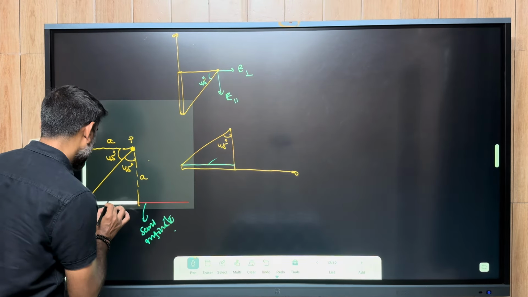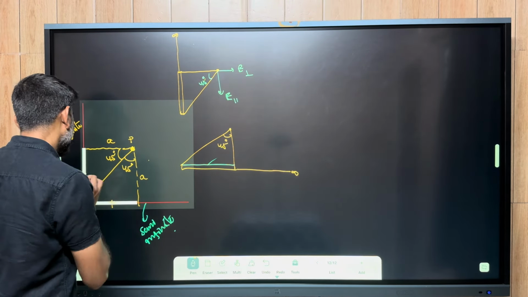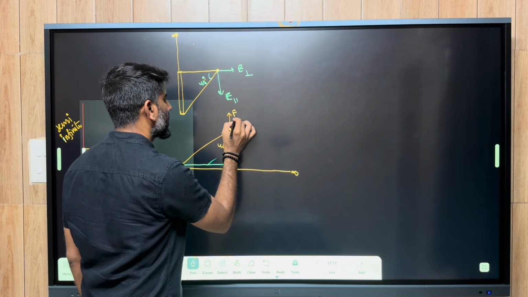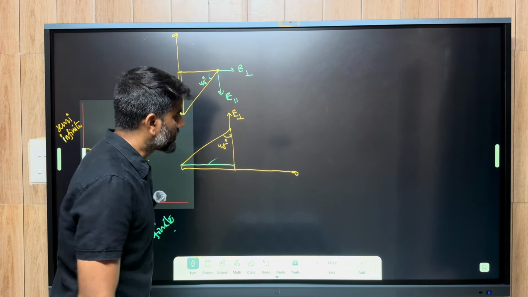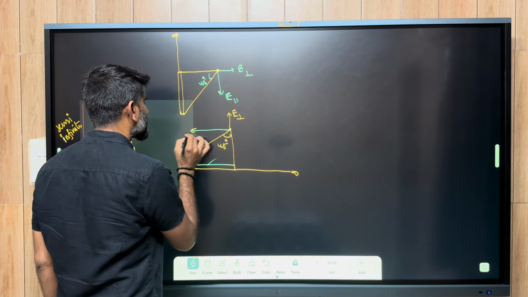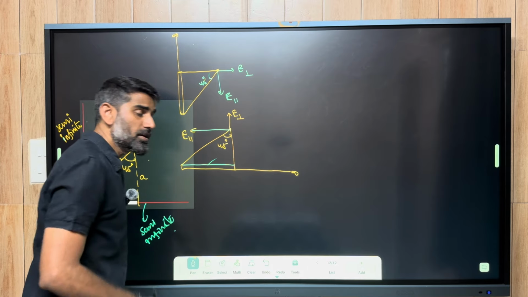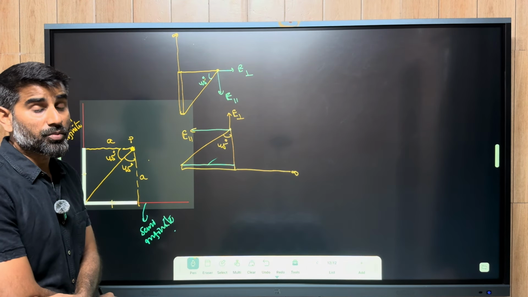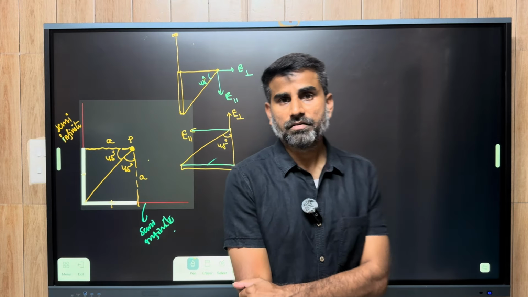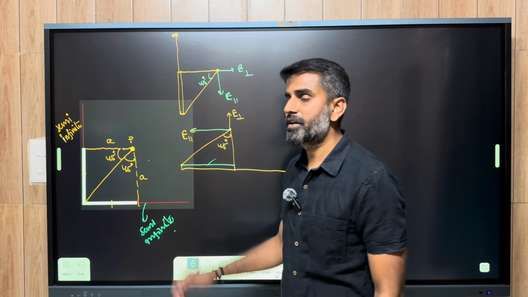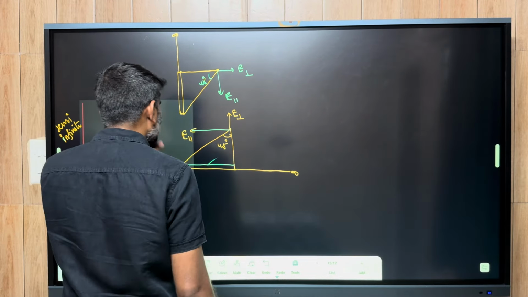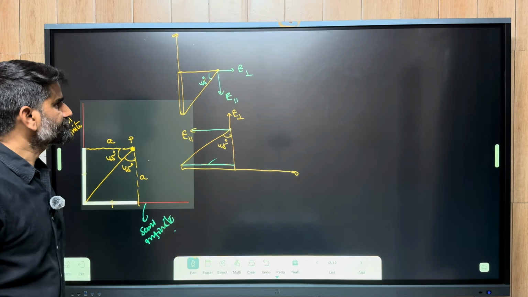As both of them are positive charges, the field is away: E perpendicular, and E parallel is in this direction. The parallel components are not towards the infinite points, they are rather towards the finite end of the rods.